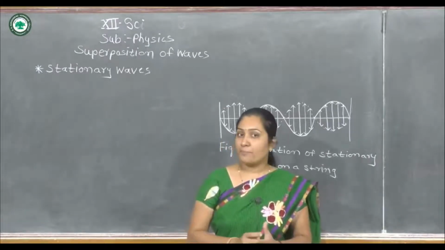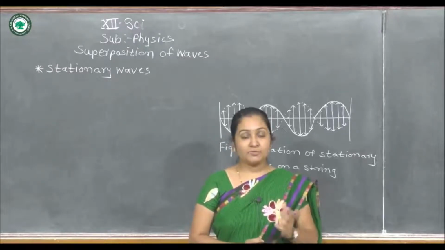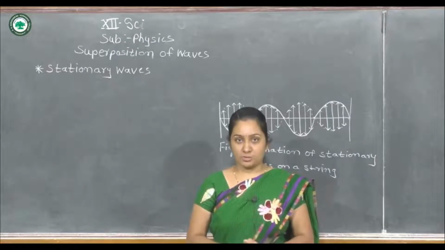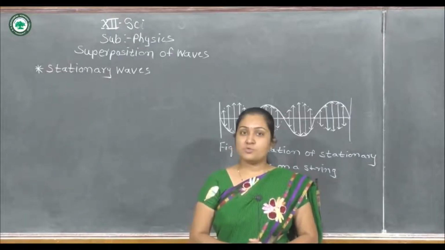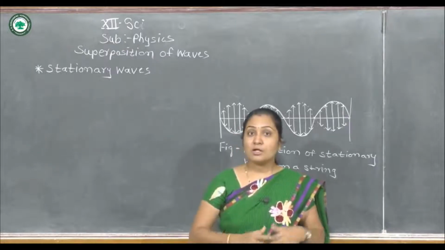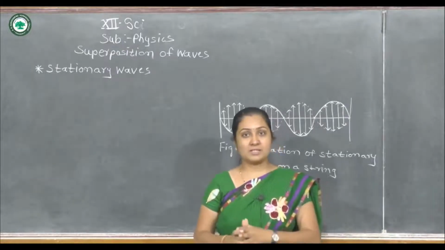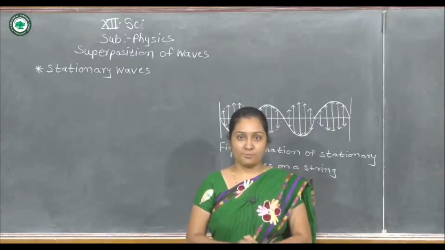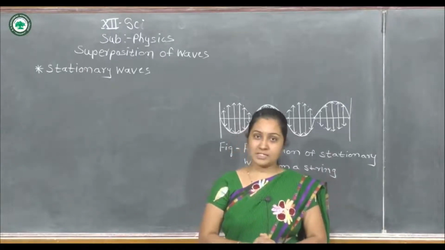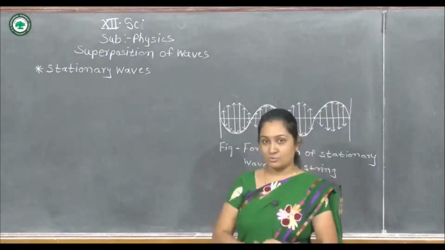After the properties, the next point that we have already studied is superposition of waves. In superposition of waves, we have studied how constructive interference and destructive interference are formed. The next point that we are going to study in today's lecture is stationary waves.